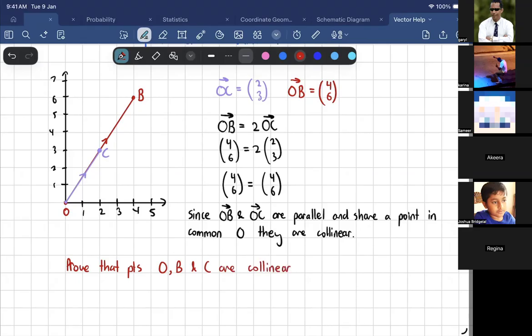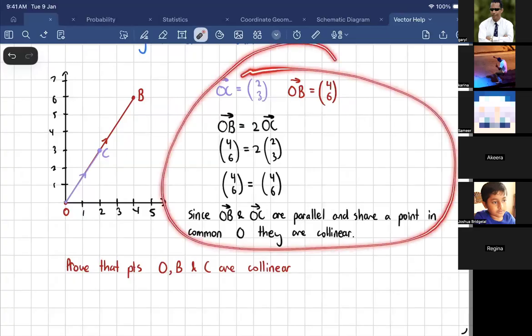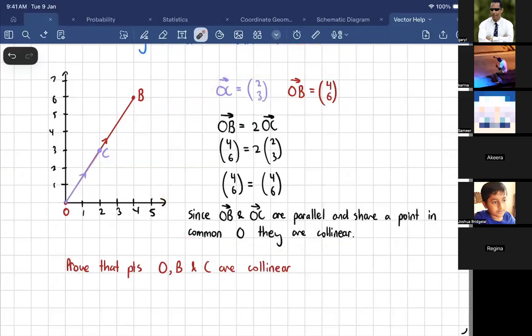Now, if two vectors are collinear, it means that they are parallel, number one. So scalar multiple, that's where that comes into play. And they must have a point in common. If you put this work in, you'll get full marks. But there's another way to do the question.